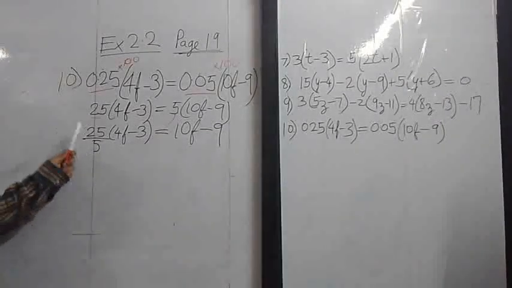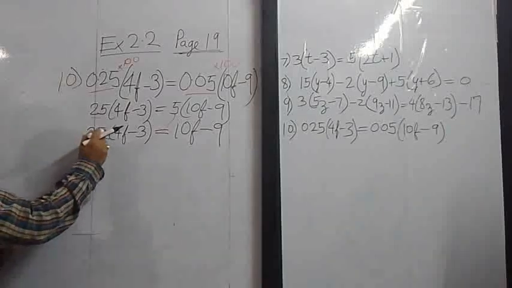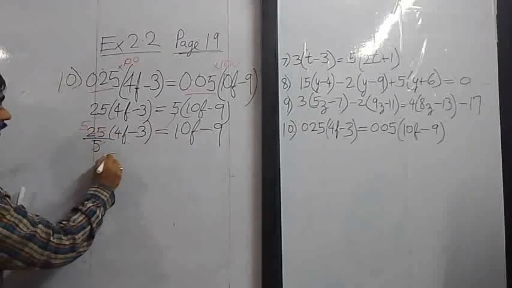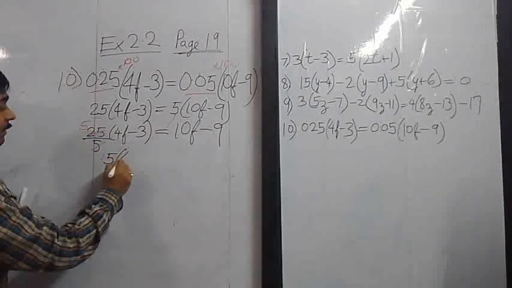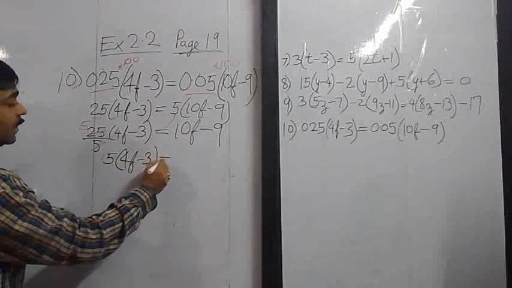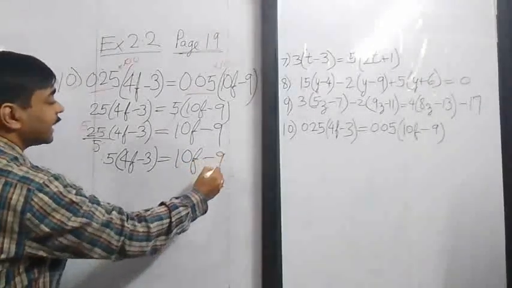Alright, we see for 25 over 5, this is 5 ones, 5 times 5 is 25. So this gives me 5 multiplied by (4f minus 3) equals 10f minus 9.